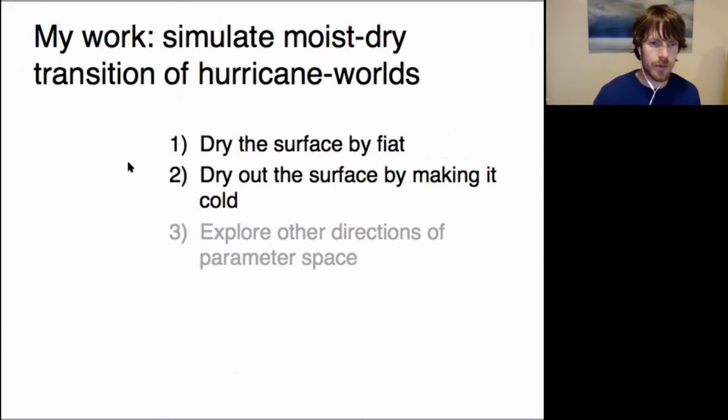The first is just to reduce the surface moisture availability artificially while holding the surface temperature fixed. And the second is to make the surface much colder, which reduces the saturation vapor pressure of a water surface and shifts the surface energy balance towards sensible heat fluxes from latent heat fluxes. And I'll go into a short exploration of another dimension of parameter space, the rotation rate, if there's time at the end.